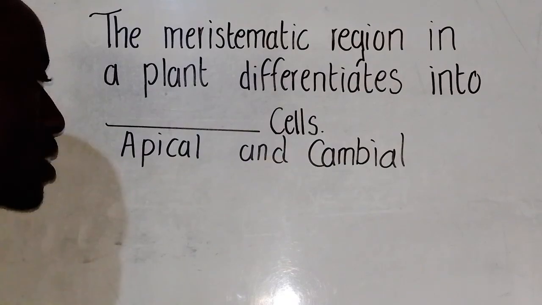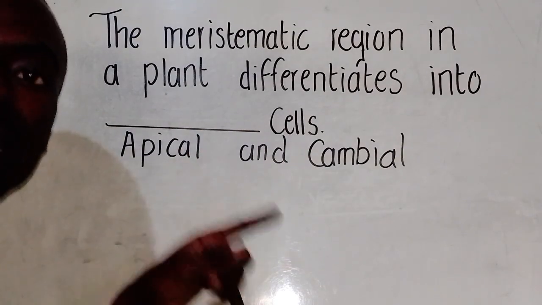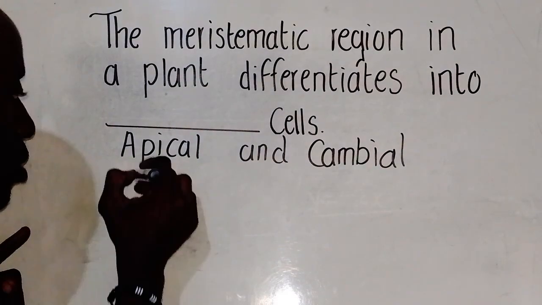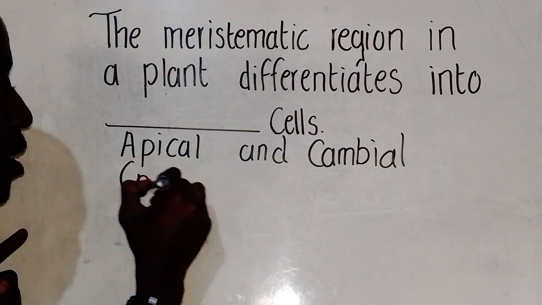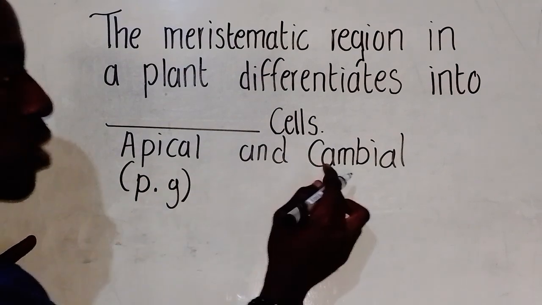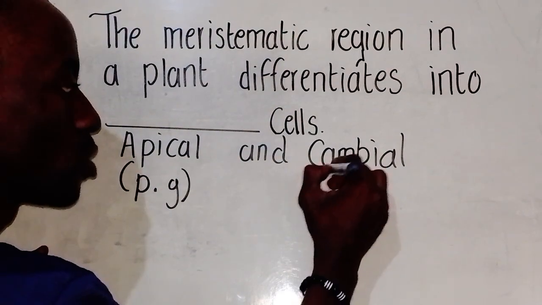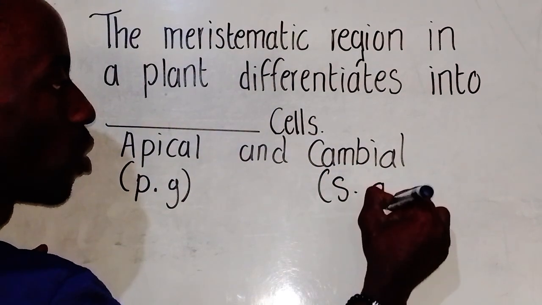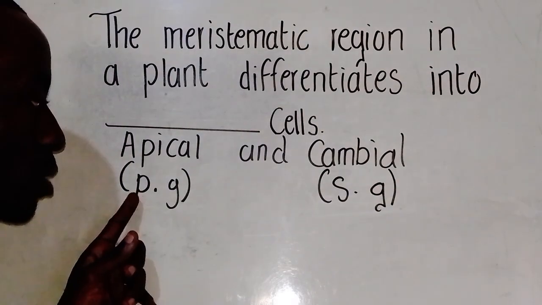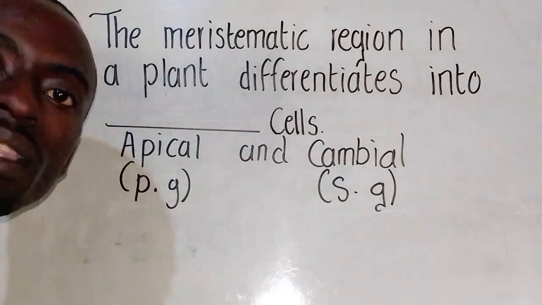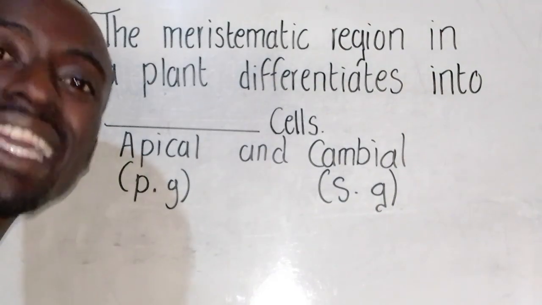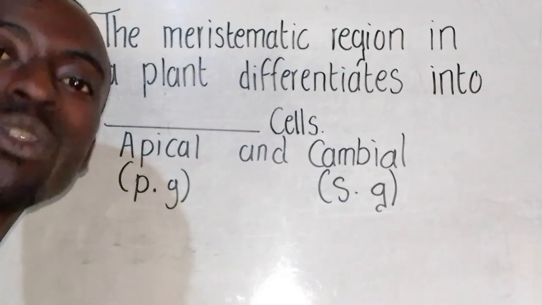So now you need to understand that the apical meristem is responsible for primary growth. Now cambial meristem causes secondary growth. When you talk about primary growth, this involves the growth in length of the shoot and the root.